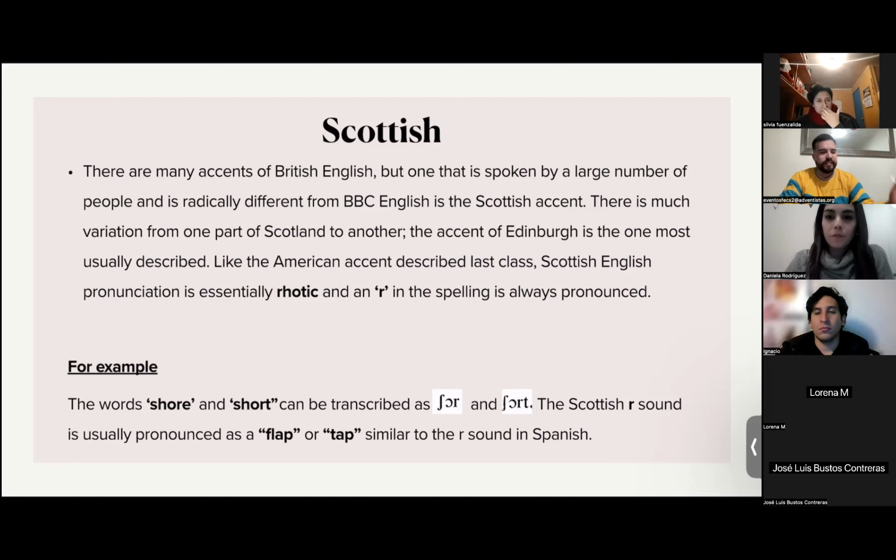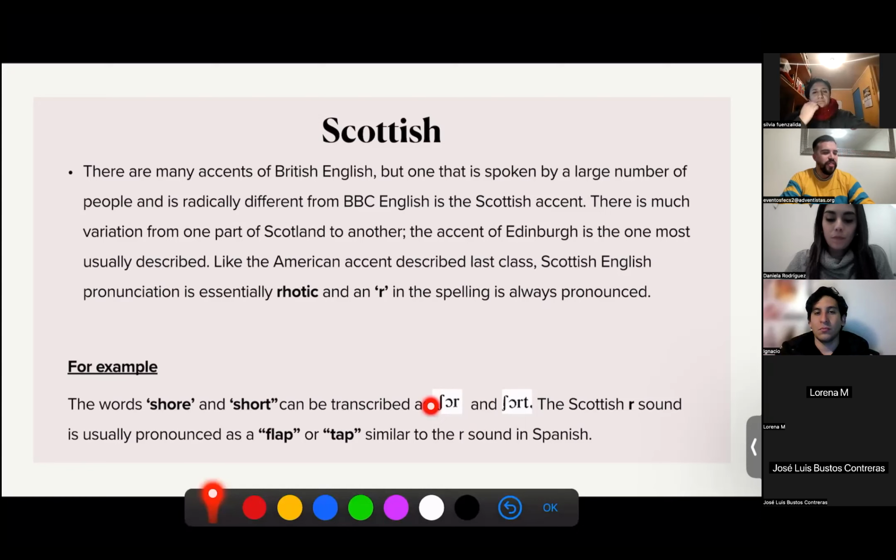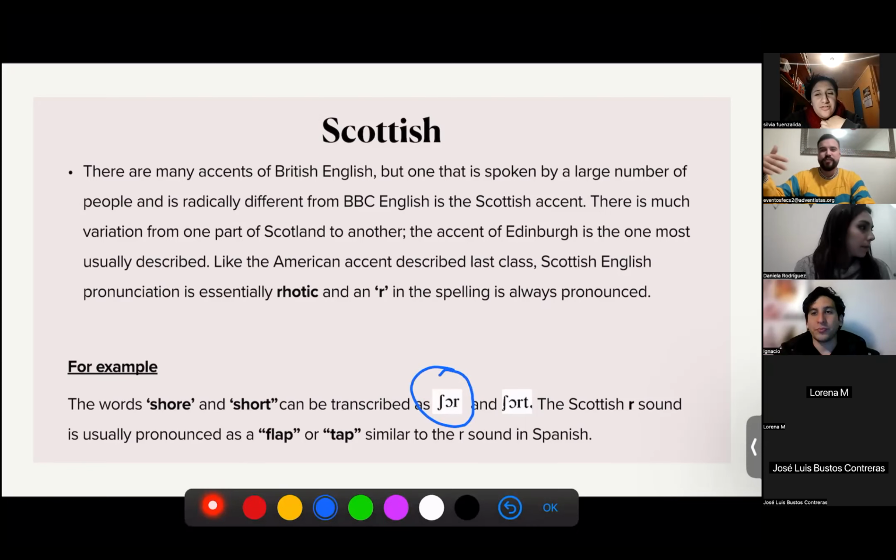So, Sylvia, how would you pronounce this sound if we call this the R sound in Spanish? Try to think about the R in Spanish, like ratón, morir, shore.